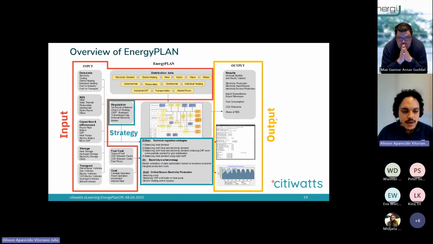And how was EnergyPlan developed and how does it work? EnergyPlan was developed to perform analysis on national, regional, or even municipal level. It executes a deterministic simulation, which means that every time you run a simulation with the same inputs, you have the same results.